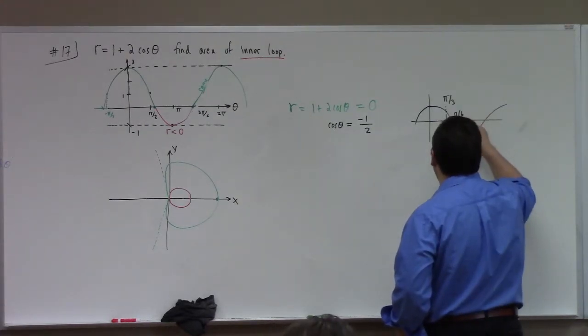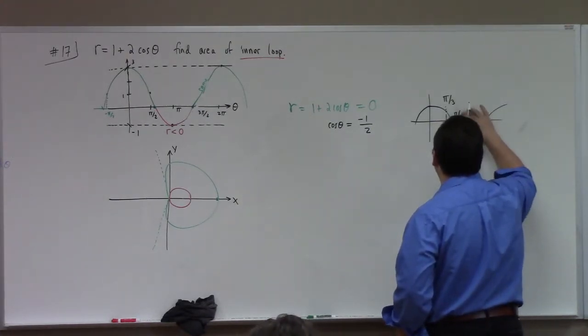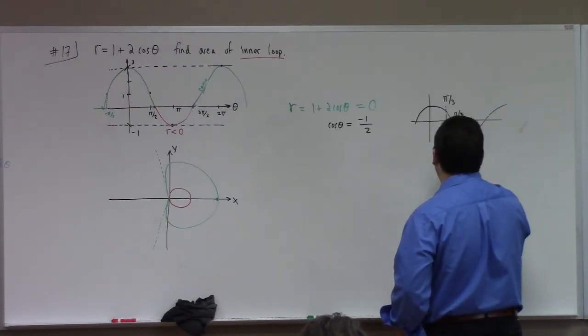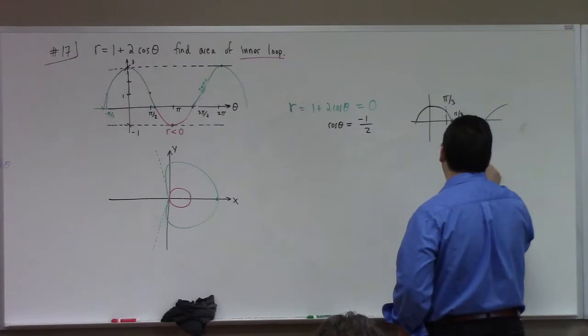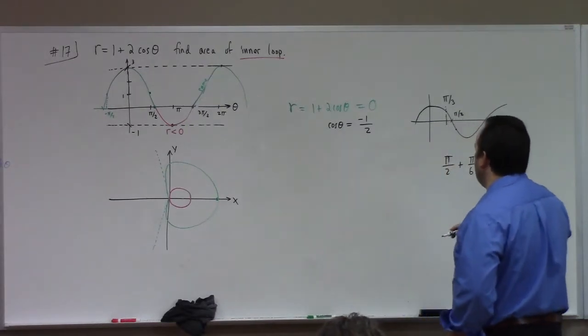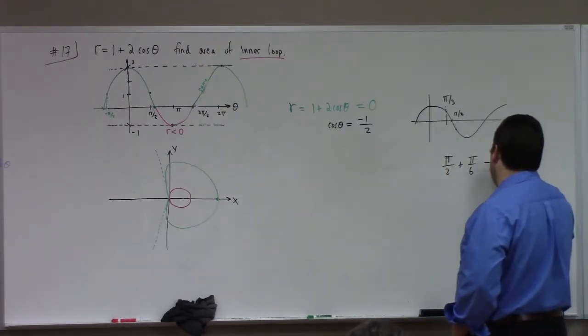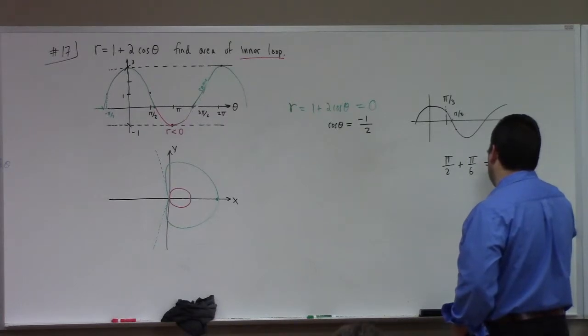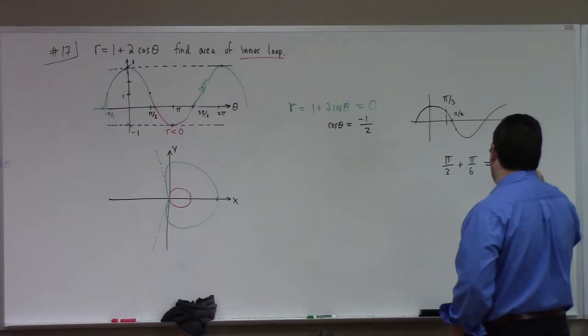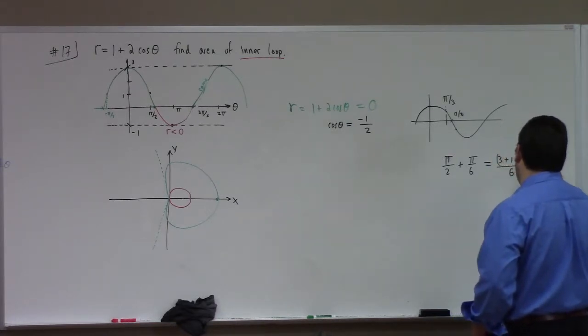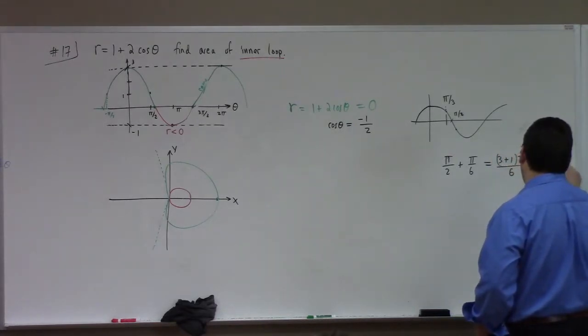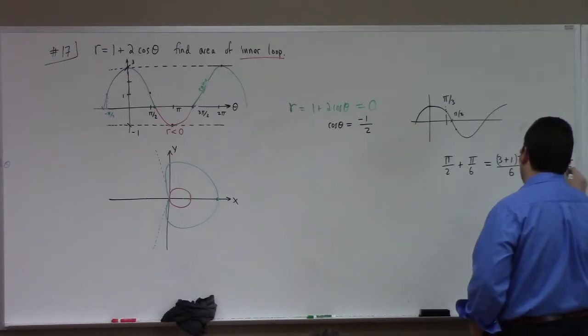And so it should be symmetric on the other side of that, pi over 2 rather. So it should be pi over 2 plus pi over 6 by my reckoning, which is 3 plus 1 pi over 6, right? So 4 pi over 6, 2 pi over 3, yeah.